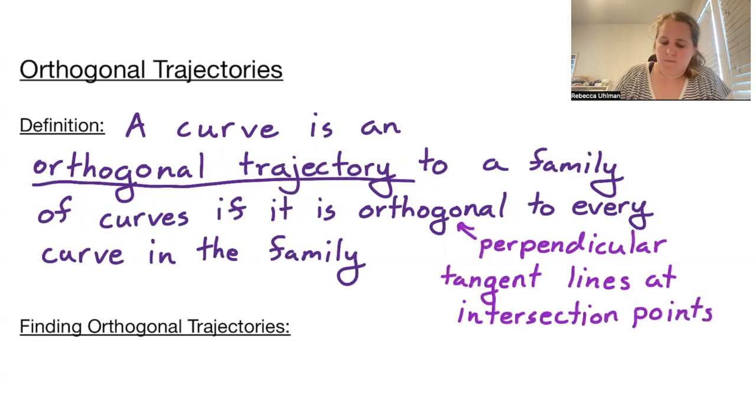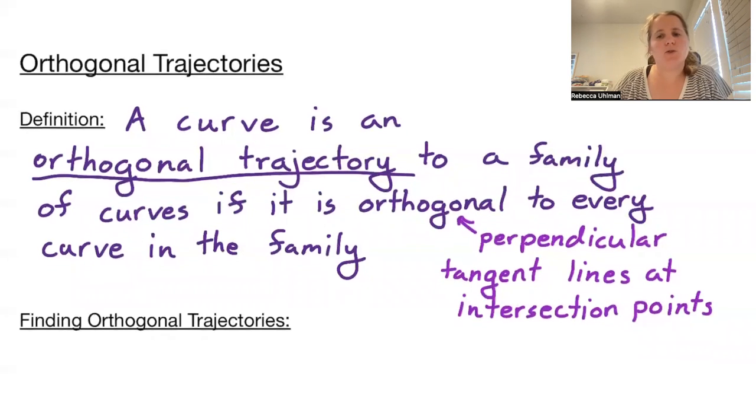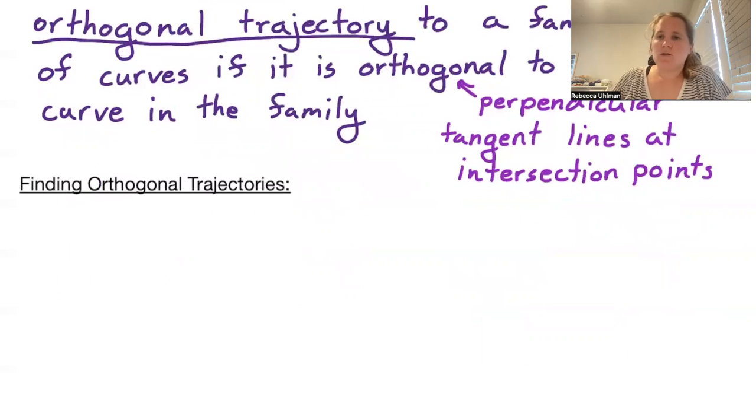So when we want to find orthogonal trajectories, the trick is to first find the differential equation for the family of curves. That way you know the slope of the tangent lines.